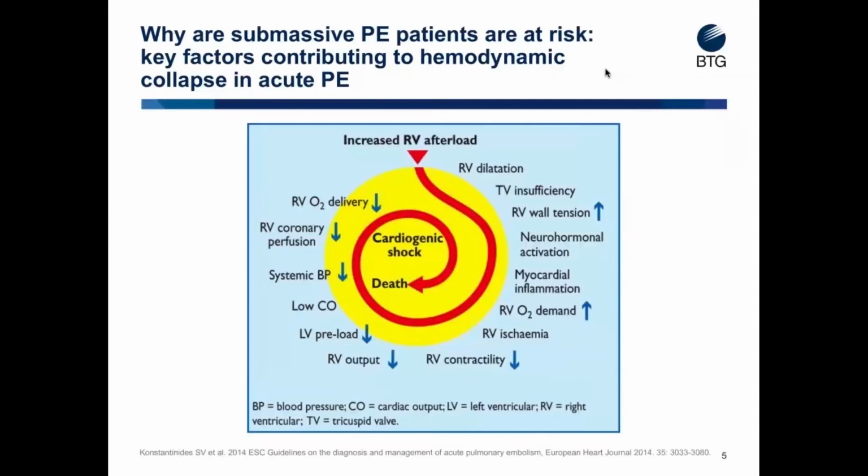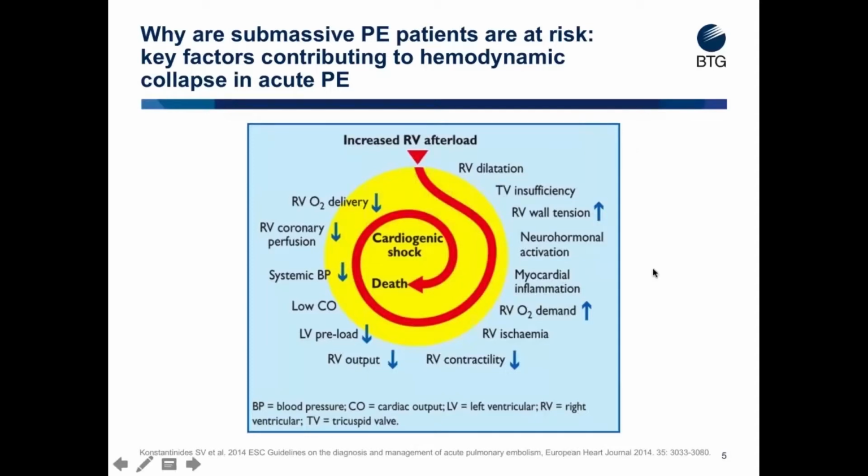Well, there are some key factors that contribute to the hemodynamic stability or instability of these patients, and this is a nice schematic of what happens in acute submassive pulmonary embolus with an increase in RV afterload that occurs with the inciting event.